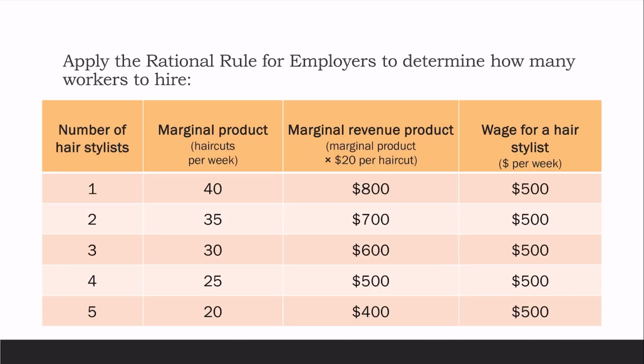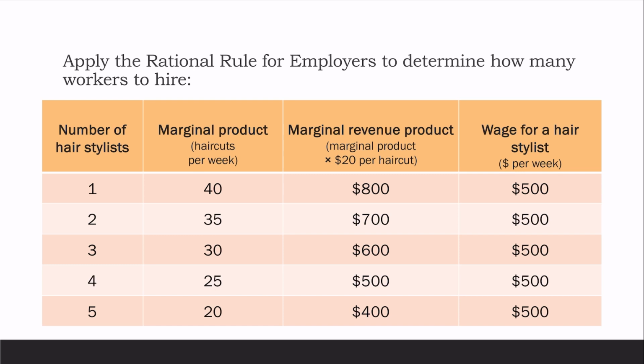Now here is a case where we present the number of hairstylists we are hiring: 1, 2, 3, 4. The marginal product in haircuts per week is 40, 35, 30, 25, and 20. These are the haircuts that each additional worker can produce.